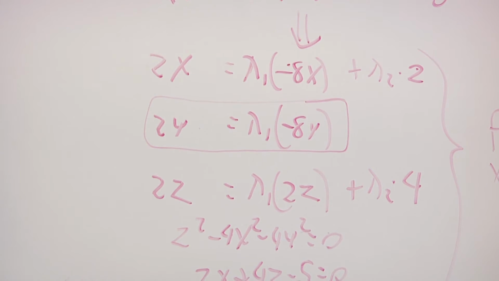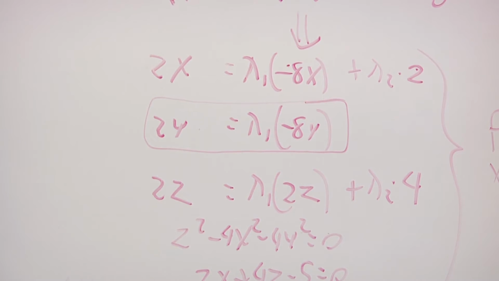Because how do you arrive at lambda 1 being equal to -4? How do you get that? Your y's cancel out. So what you're doing is you can divide both sides by y and get lambda 1 is -4.